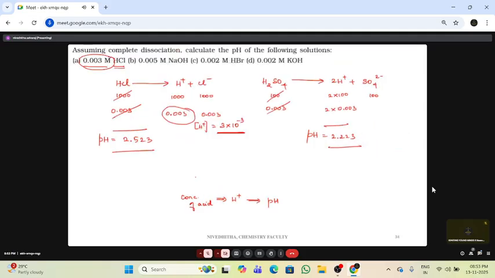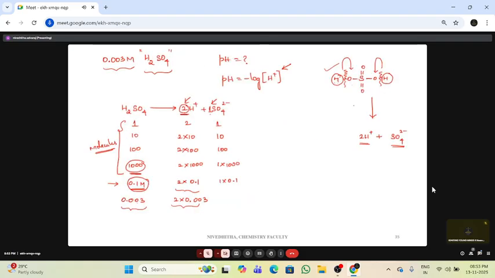That's it. That is what I've written here. Now we got the concentration of H plus ion. 2 into 0.003 is nothing but 0.006, right? Yes, ma'am.